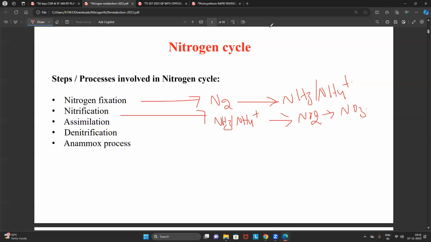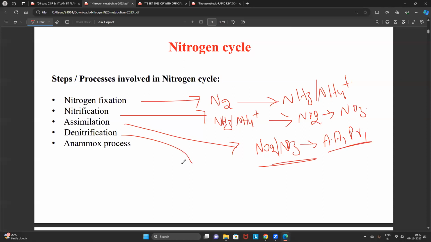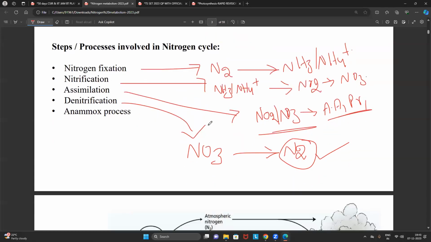What is assimilation? Conversion of NO2, NO3 into amino acids, proteins, other nucleic acids. So assimilation means utilizing, converting into utilizable form. What is denitrification? Conversion of NO3 back to atmospheric nitrogen. And I have already told all the students last time, so far, I'm using the words so far.